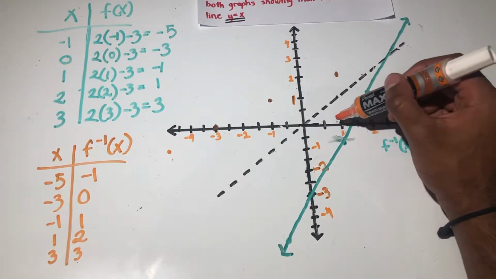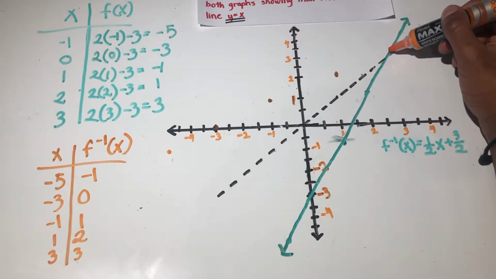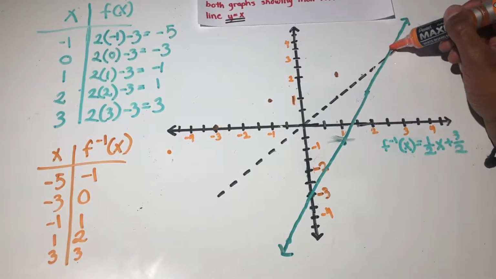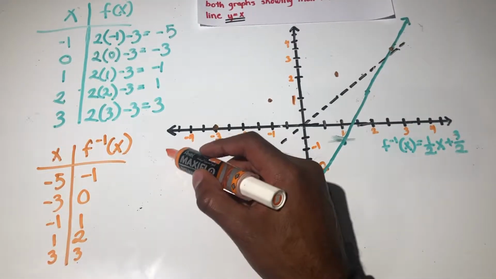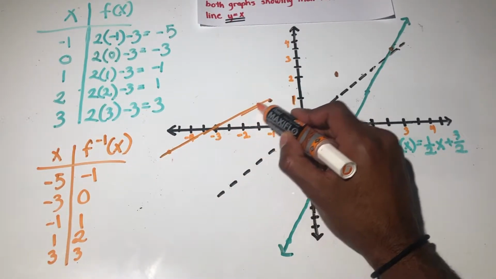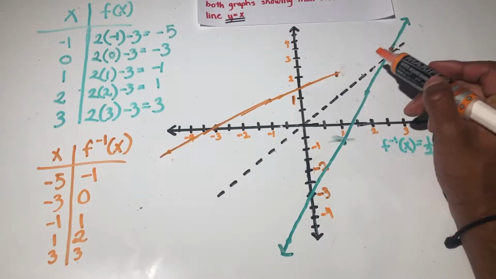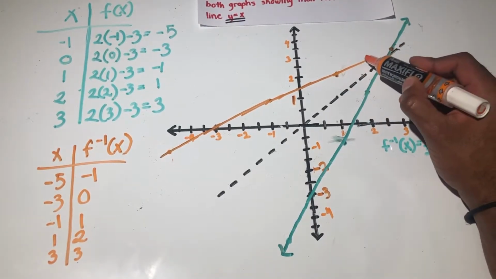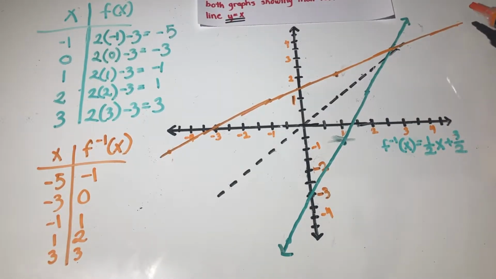And then we have 3 and 3, so right on this line. And of course this is going to go on forever, just like the first function. If we go ahead and connect those dots, roughly the sketch is going to look something like this.